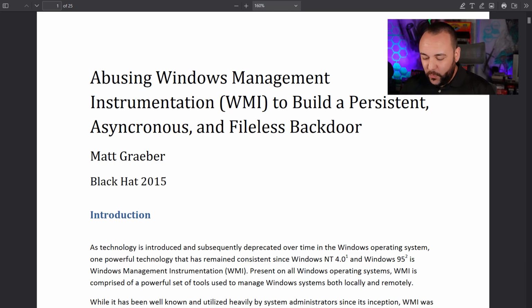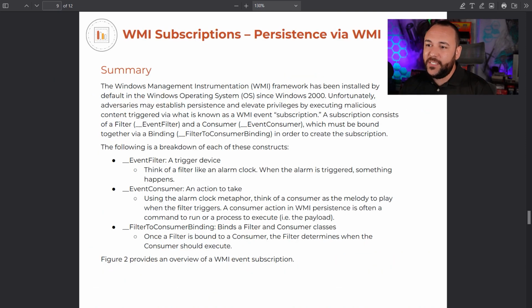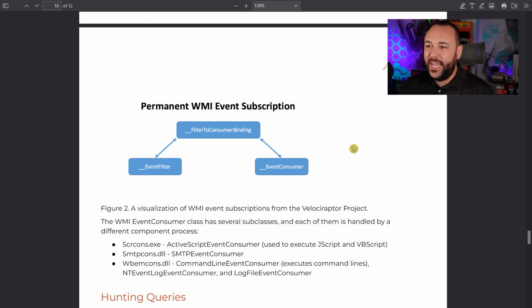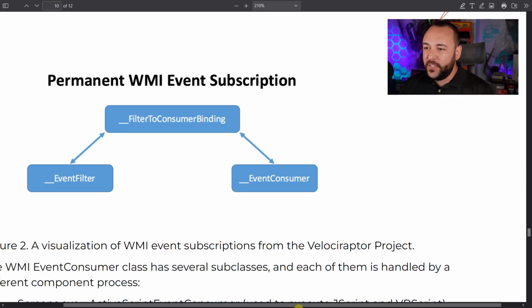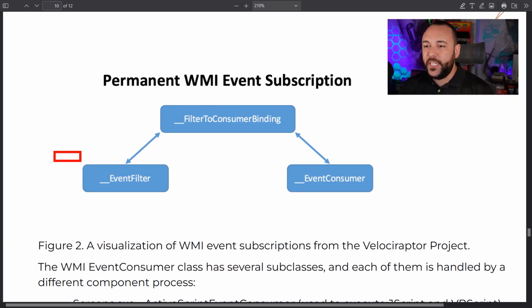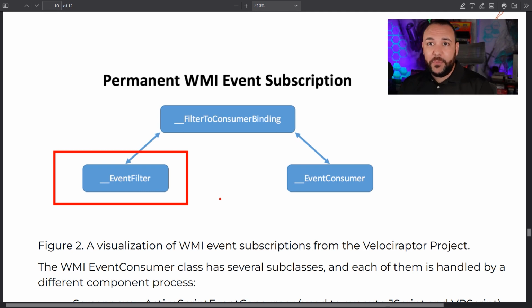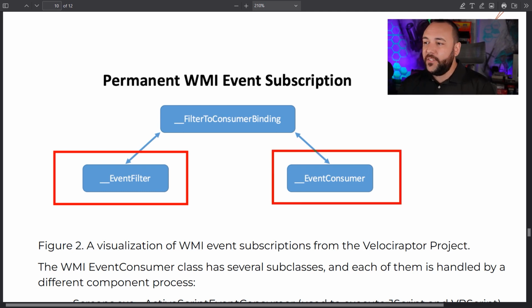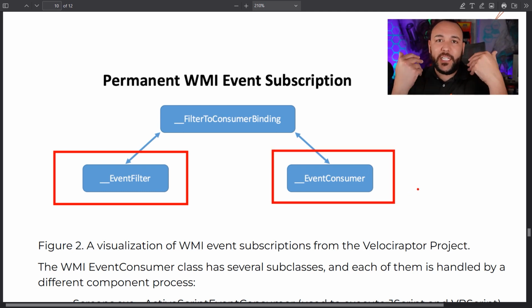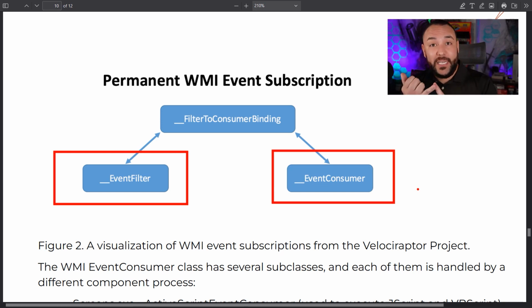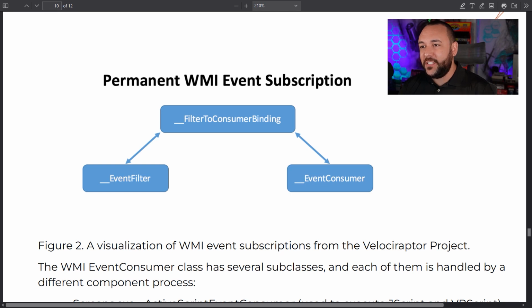Essentially what we're looking at is there are things that are known as consumers and filters. A filter is like a trigger in the WMI database, and then a consumer is something that consumes the actual filter. That can be something like sending an email, running a process command line, all kinds of things, logging something to the event logs. And here's an example.